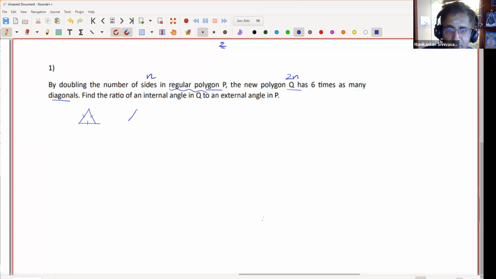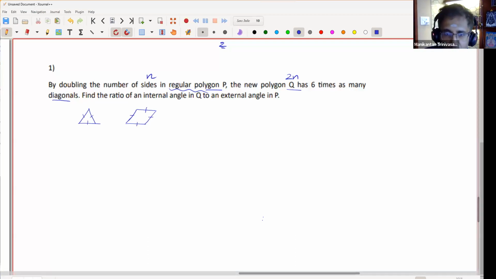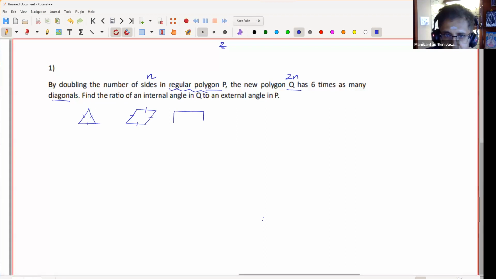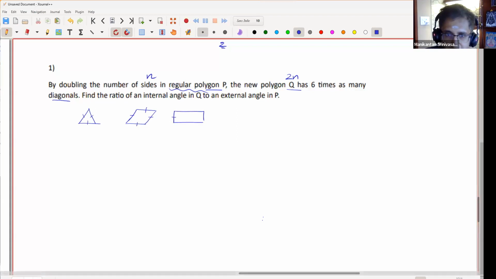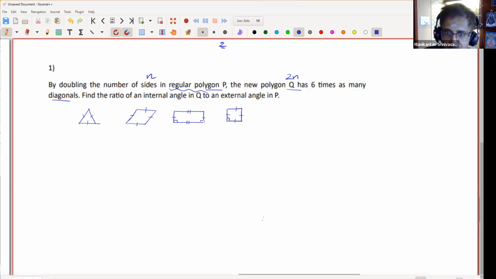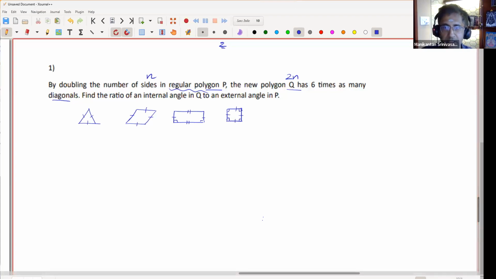For example, if I say I have a four-sided quadrilateral with all the sides equal, it can be a rhombus where all the angles need not be equal. Or if I say all the angles are equal, it need not be that the sides are equal. So neither the rectangle nor the rhombus is a regular quadrilateral, only a square is. Therefore, it's important to mention that the sides need to be equal as well as the angles need to be equal. For something to be regular, that's what the definition is. Okay, just a side note.